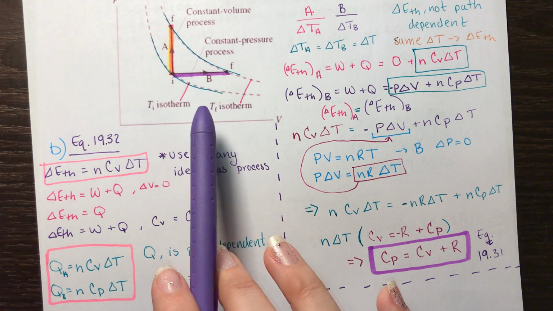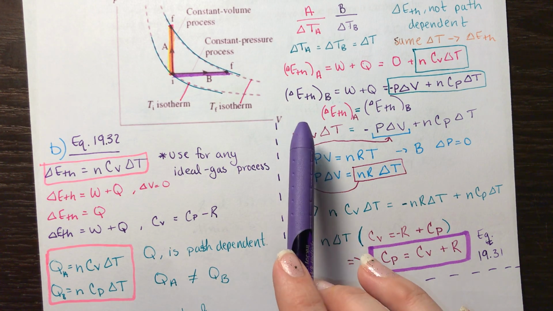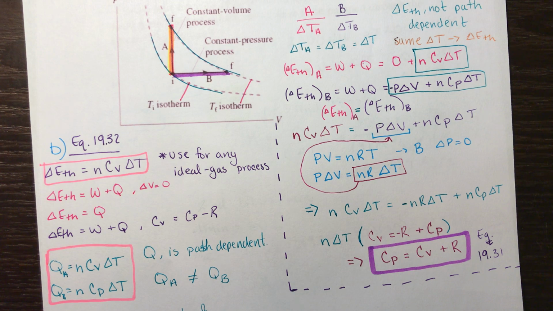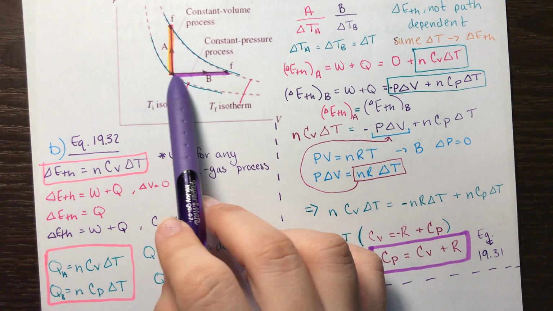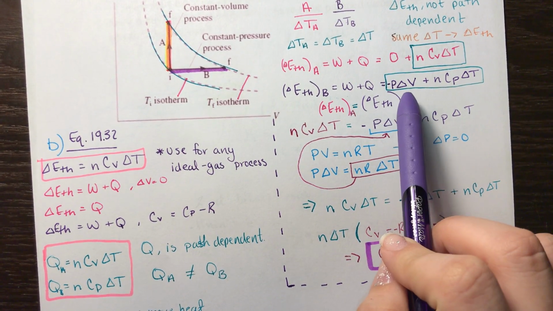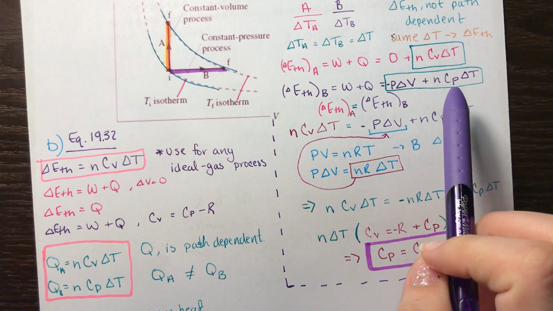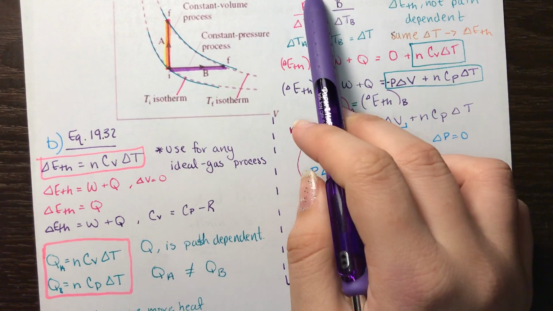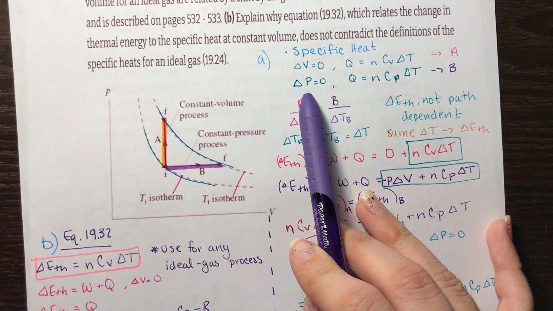Now for the second path, the change in thermal energy B, same thing, we have W plus Q, but in this case we do have some area under the curve, which is the pressure times our change in volume plus our Q when we have constant pressure.